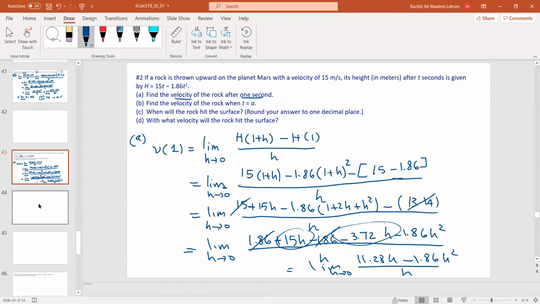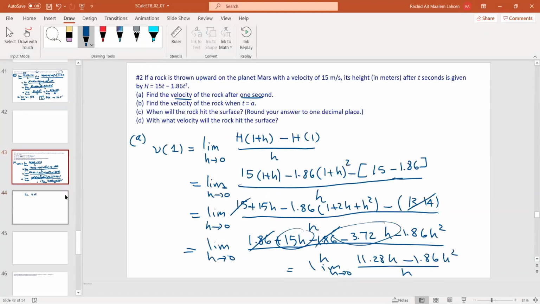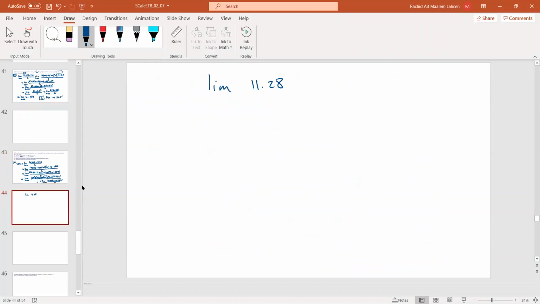So 11.28h with the h cancels, minus 1.86h as h approaches 0. And with the direct substitution, so for A, it's 11.28. Okay.